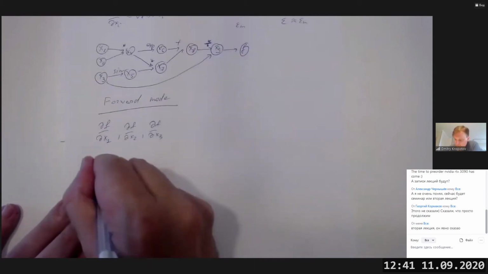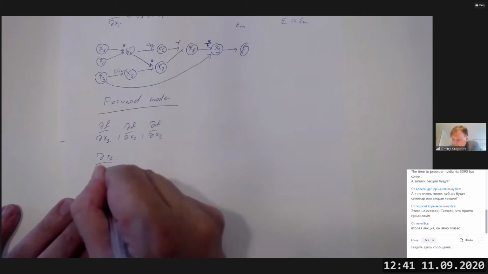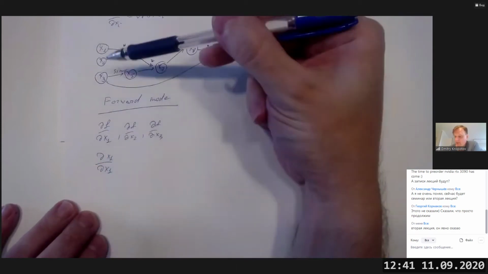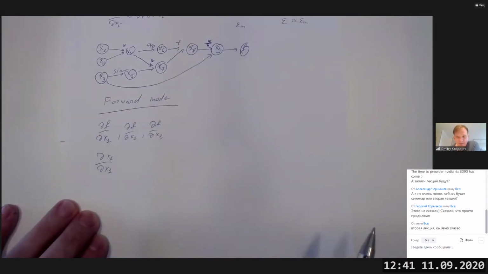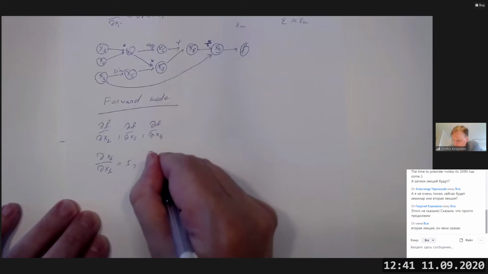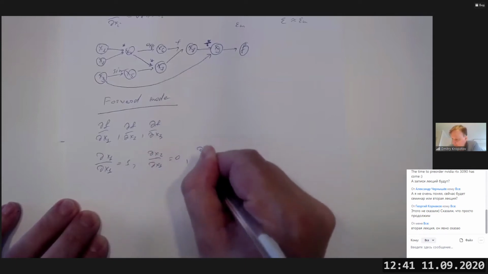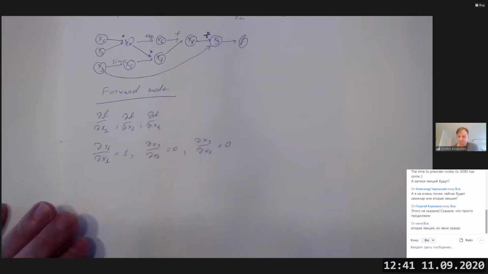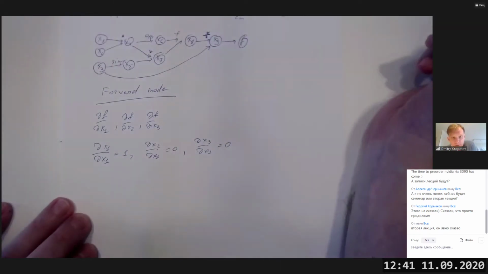First, we initialize our derivative by considering the derivative of the input variables with respect to a fixed x1. So this is equal to 1, the derivative here equals 0, and here equals 0. So we initialize our procedure on the input of our computational graph.